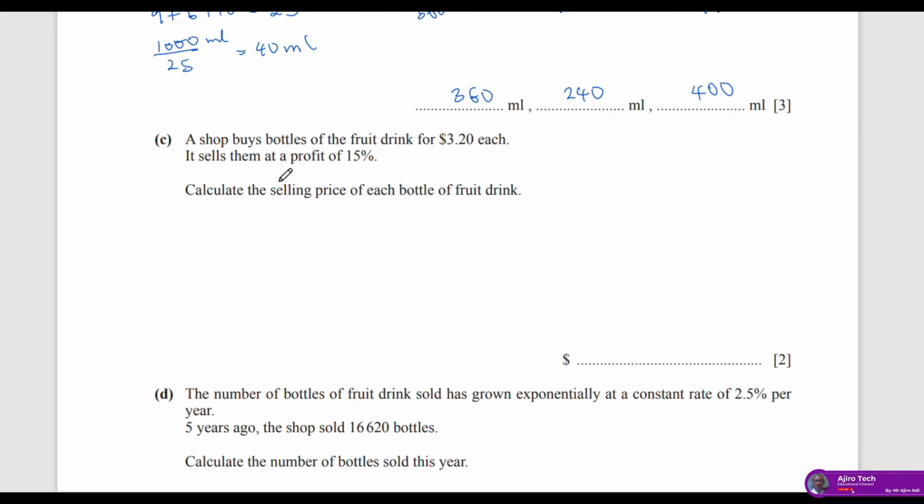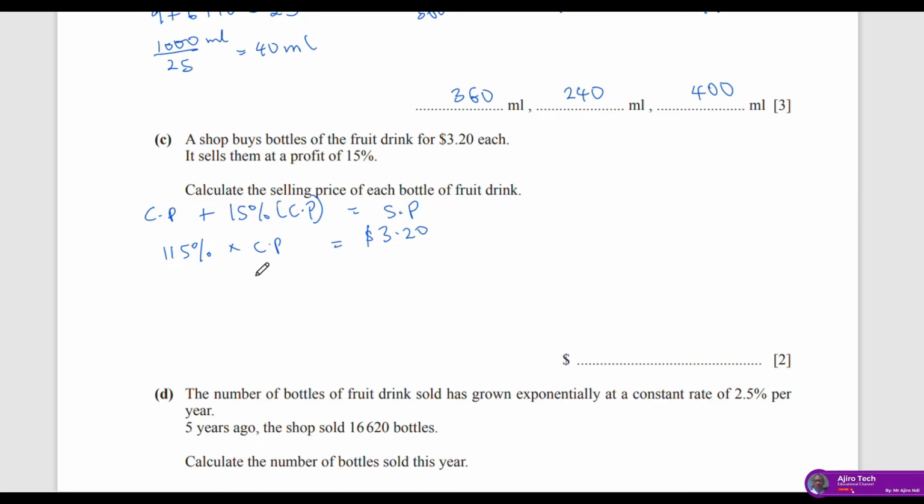So we know that the cost price plus 15% of cost price should give us the selling price. So if you add this, 100% plus 15% is 115% times the cost price.